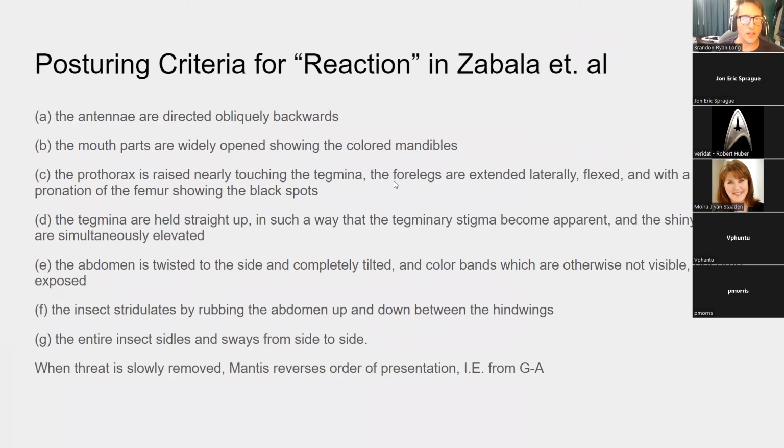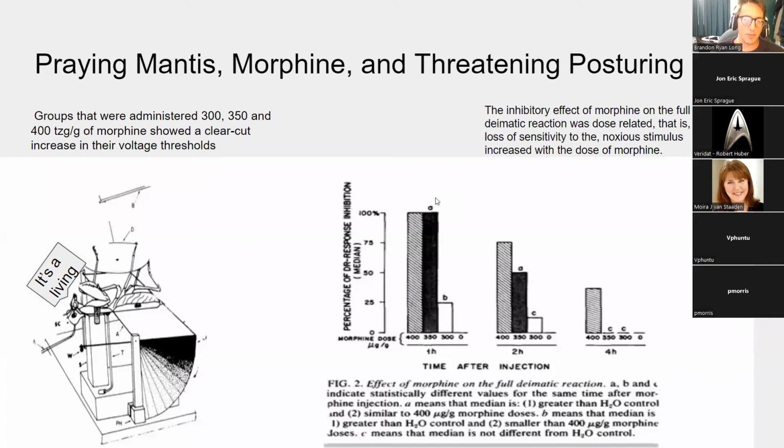So moving on, same lab, an experiment where they used a praying mantis and kind of the same contraption. Here they're using a lot less electricity, and they're trying to get this praying mantis to elicit a defensive reaction. The way they do that is they give it very small electric shocks, and they compare this reaction to the reaction when they are administered morphine.